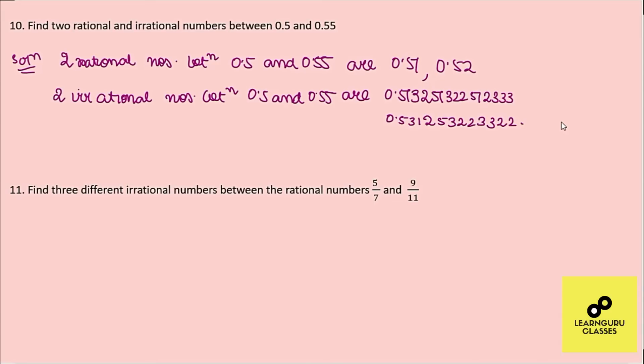So the 11th question is find three different irrational numbers between 5/7 and 9/11. Okay, so 5/7, first of all, it is in fraction. So until and unless you convert it into its equivalent decimal expansion, it is not possible for you to find out. So 5/7, let's find out what is the equivalent decimal expansion.